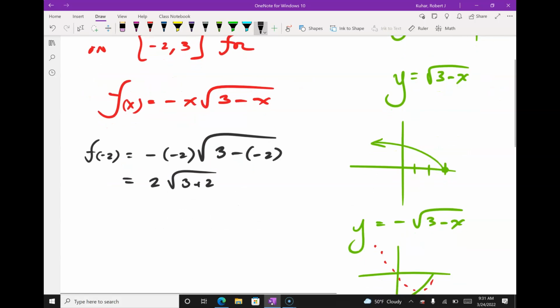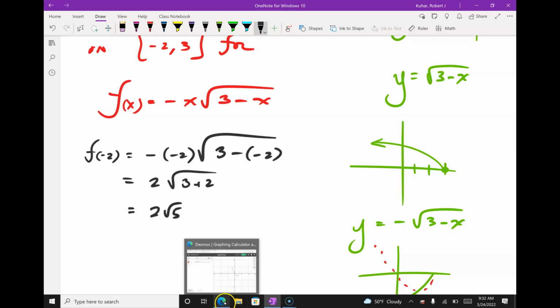So 2 root 5. You can get a decimal so you have a better idea of it. Root 5 is about 2.24, so 2.24 doubled is 4.48. So about 4.5, which is what it should look like on my graph.